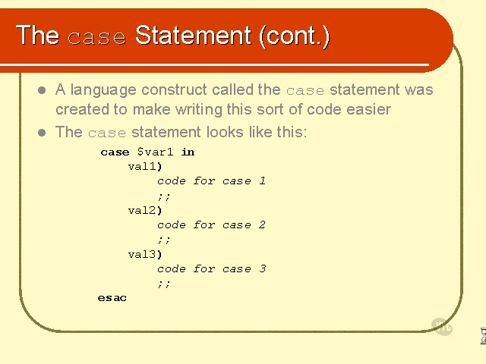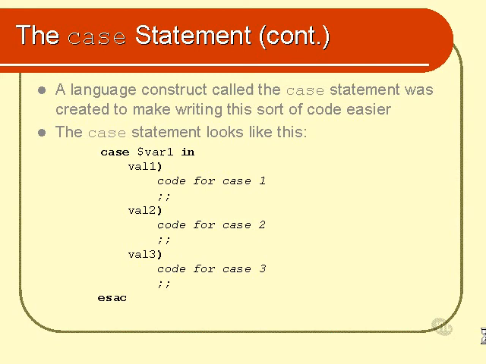That might be several lines of code, that might be 100 lines of code, or it might be 0 lines of code. It doesn't really matter. But we put whatever code that we want to run, if the variable happened to match that value. And then we put 2 semicolons next to each other. That is the case statement's way of saying this particular case or this particular option is now over and we're ready to look at the next option.